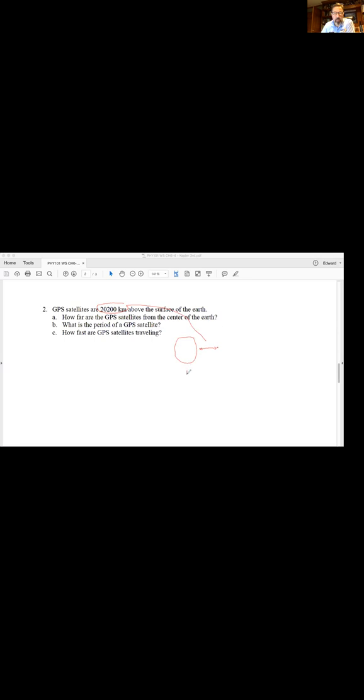Okay. And remember, when we're using Kepler's law or Newton's universal law of gravitation, we want little r. That's why I kind of like it sometimes. And of course, there's the radius of the Earth right there. So from the picture, little r that you'll use to solve this problem is equal to the radius of the Earth plus whatever the height above the surface of the Earth is.